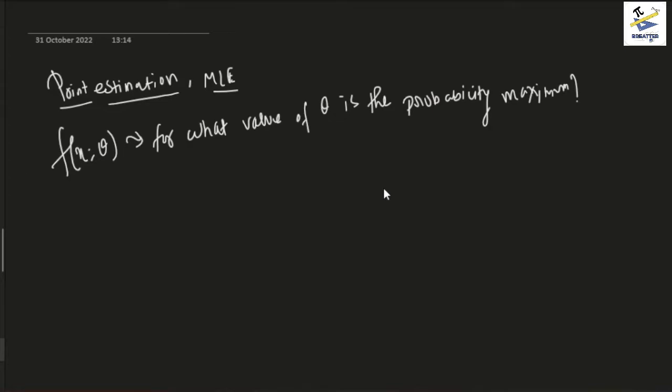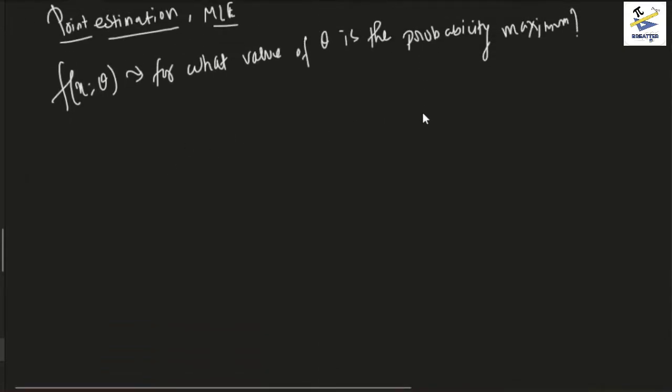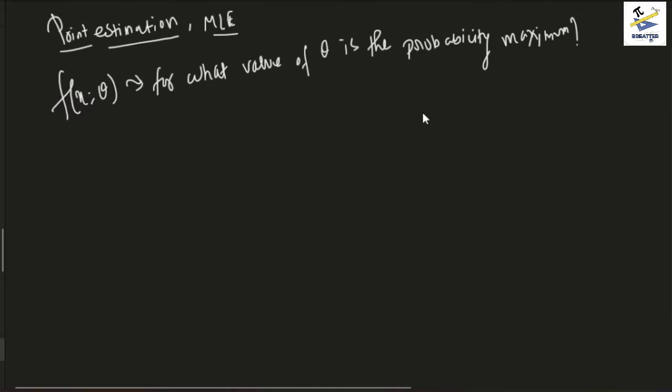So what we can do here is make sure that we understand all of these things clearly, because obviously point estimation and MLE and consistent estimators, all of this are related, and they're related to the probabilities we have done before, right?